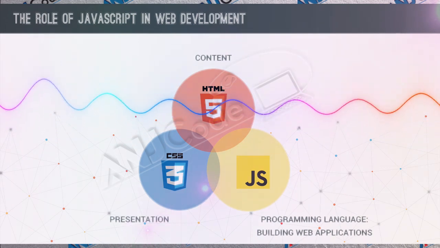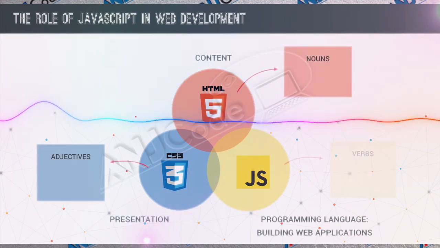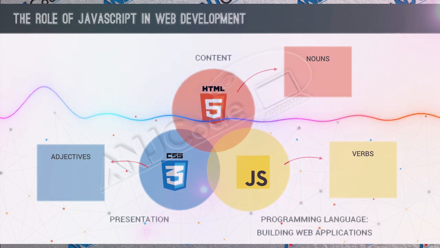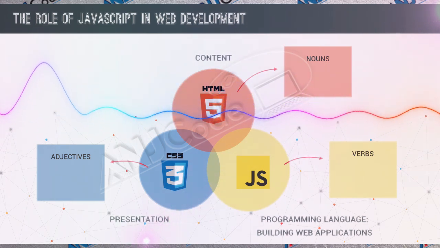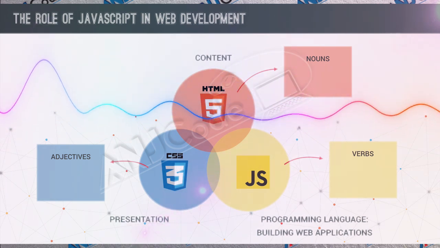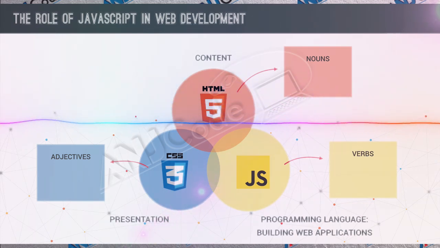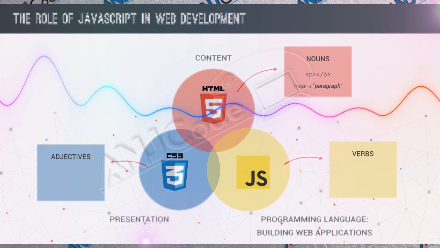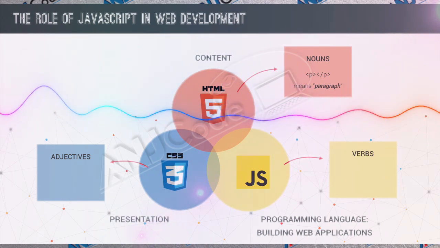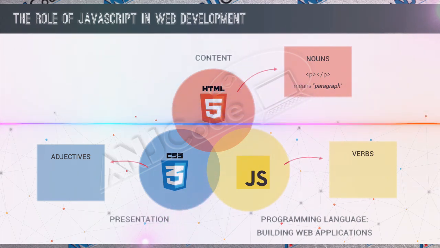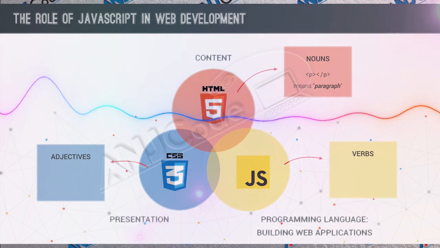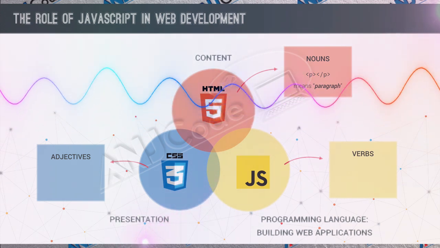Now we can also use the analogy of nouns, adjectives, and verbs to make this separation of roles a bit easier to understand. So in this analogy, HTML represents the nouns, for example, saying that the P element is a paragraph. And so paragraph is the noun here. The CSS then is the adjective, because it describes the noun.